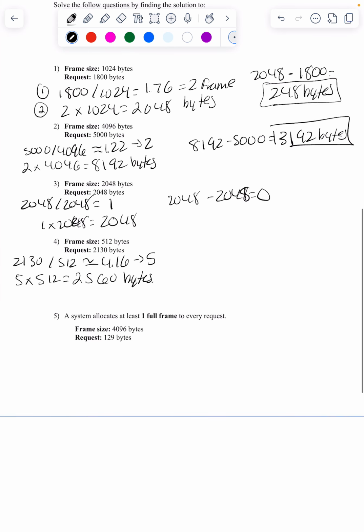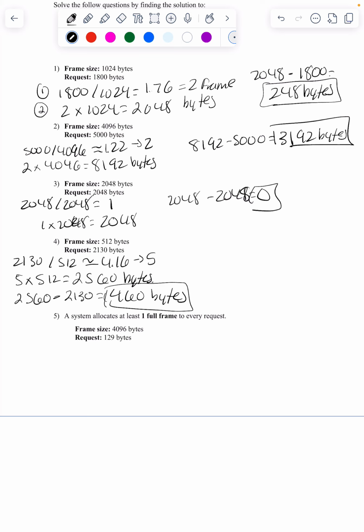And then to see what our internal fragmentation leftover waste would be, we subtract the requested from that, and we're left with about 460 bytes. So there's our internal fragmentation.